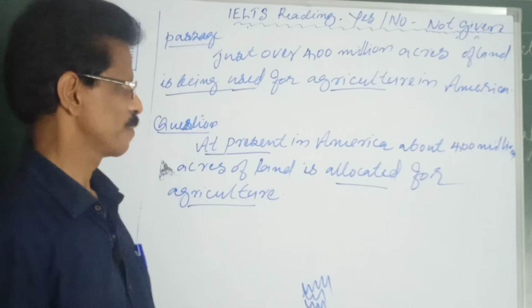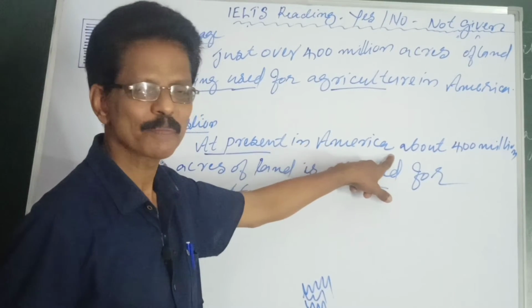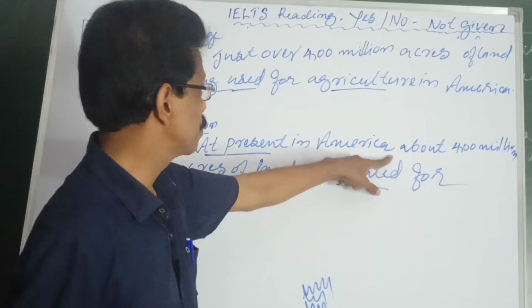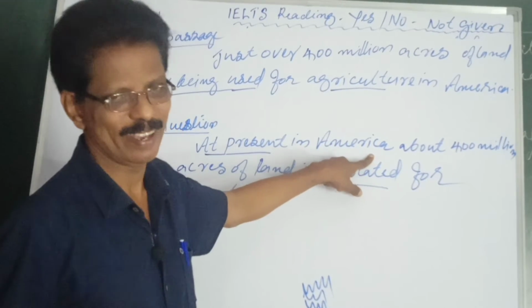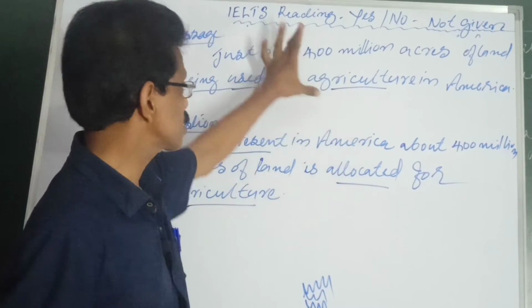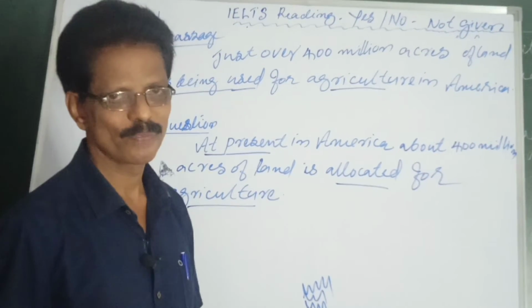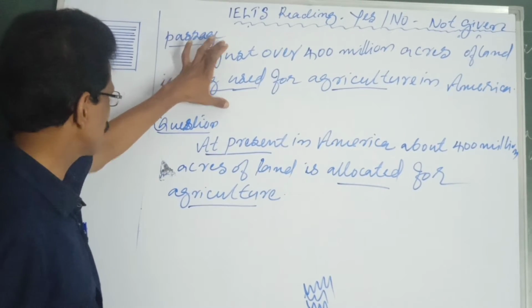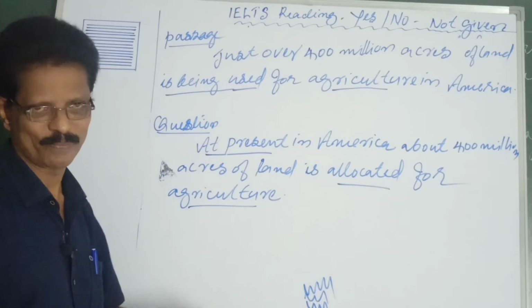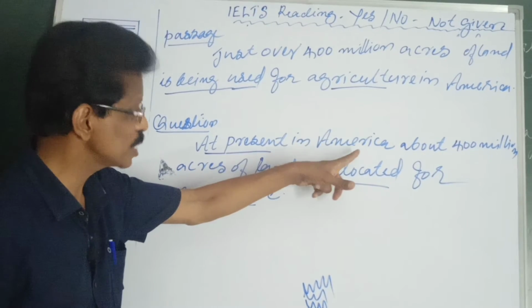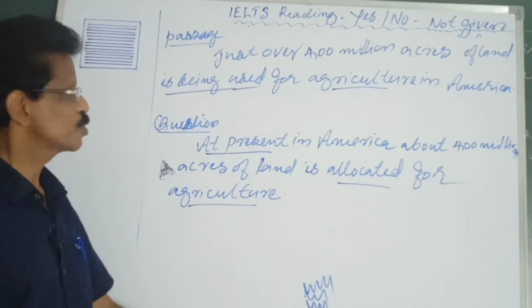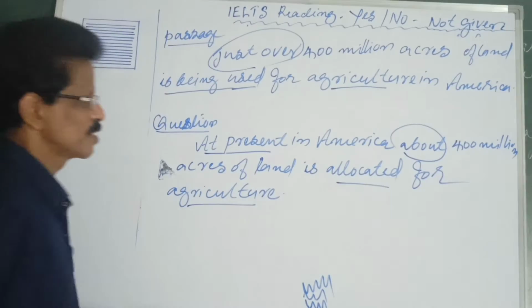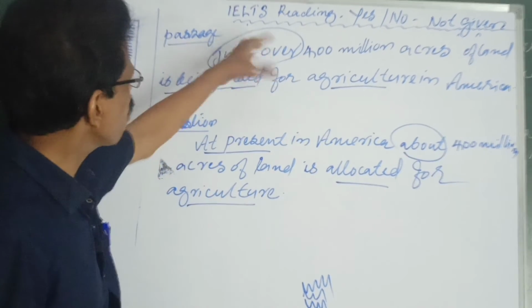The remaining are the same. So can it be called false? Remember that if you have to mark it false, it should be opposite, contradictory. You cannot mark it false because it does not match the passage. Mismatching won't make it false. I repeat, it should be opposite or contradictory. So, just over and about. Is it opposite? No. Just over means just above 400 million.